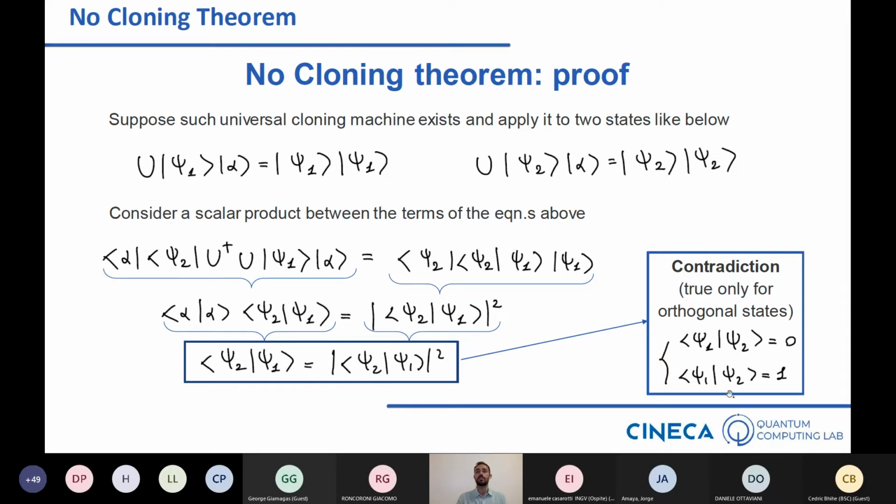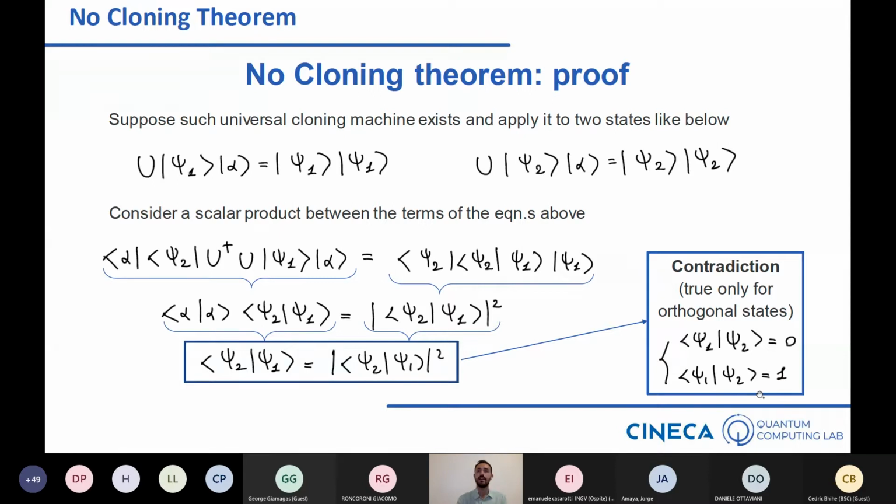So, for example, if psi1 and psi2 instead are two superpositions, this does not hold true, and this relation holds true only for classical states, only when psi1 and psi2 are bits. Let's go on. Do you have questions about this part, about this proof? If so, write in the chat.